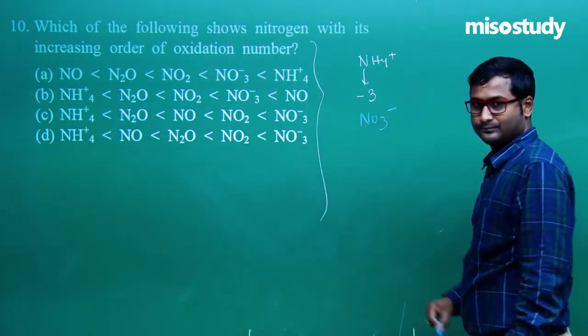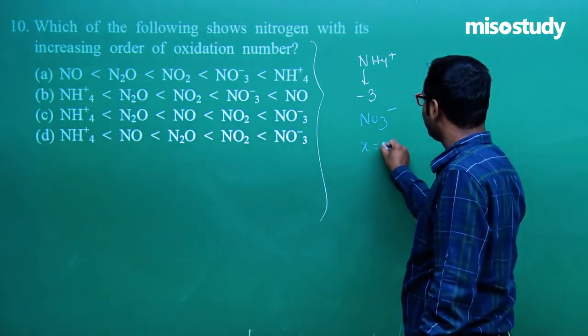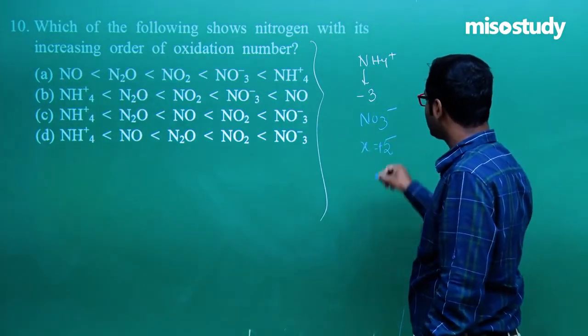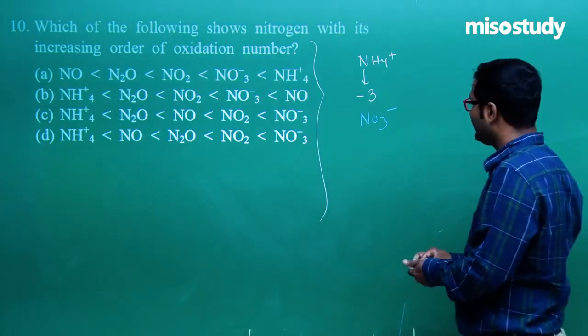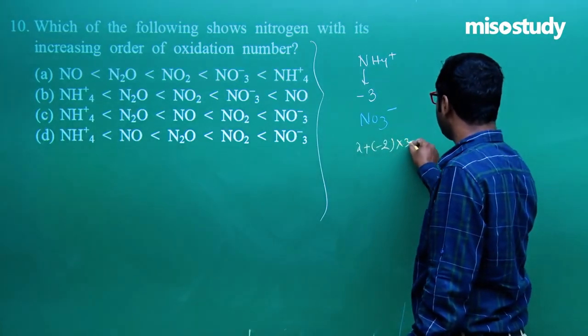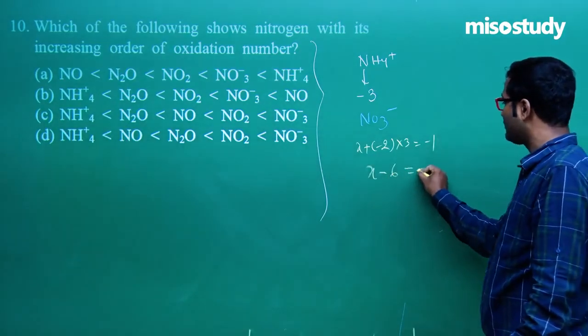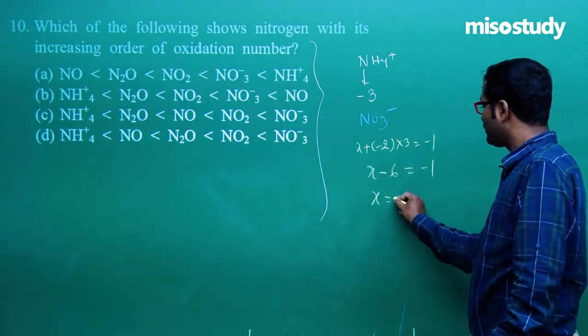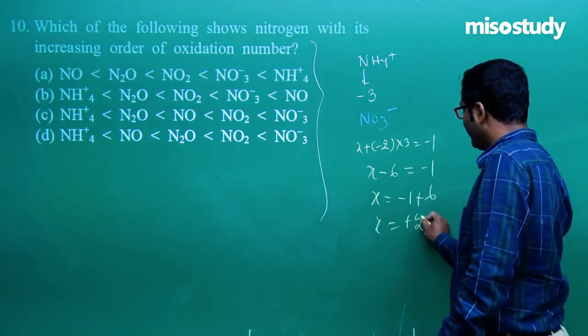Do we need to solve the question? X is equal to, that is, nitrogen is in +5 oxidation state. If you have any problem solving this, look, put here X plus -2 into 3 is equal to -1, X minus 6 is equal to -1, X is equal to -1 plus 6, X is equal to +5.